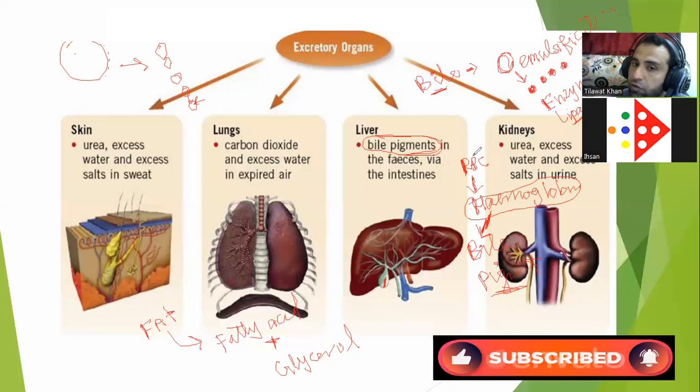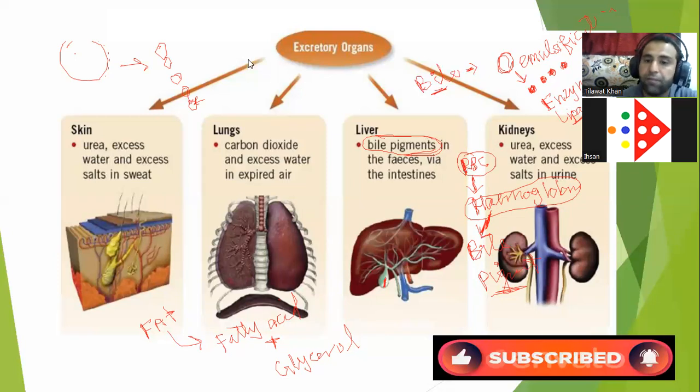You got it? We know already that old red blood cell breakdown is happening, right? So from that, hemoglobin is released. And when the breakdown of that hemoglobin is happening, the part that is important for your body is utilized in your body, while the part that is not important for your body will convert into bile pigment, right?